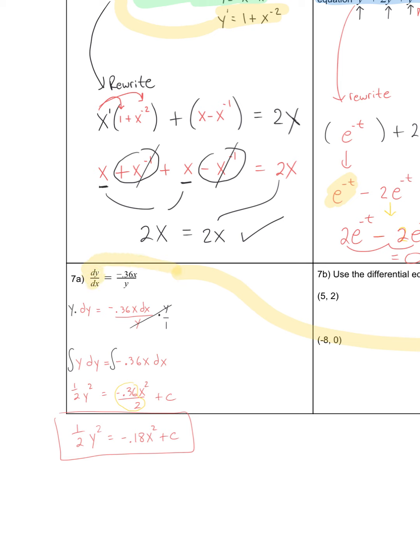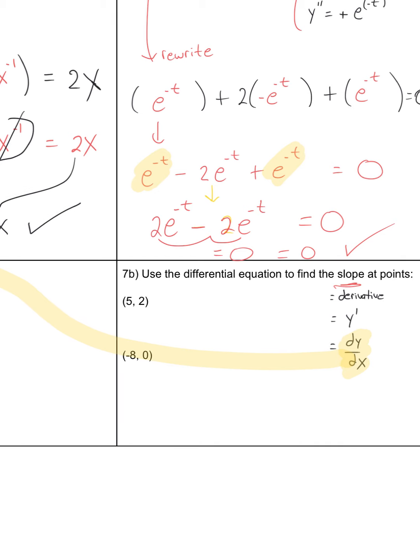This right here, dy dx, is representing the slope. Our slope is equal to this. So if I have an xy point, I can plug it in and find dy dx, the derivative, the slope. That's all you have to do for 7b.